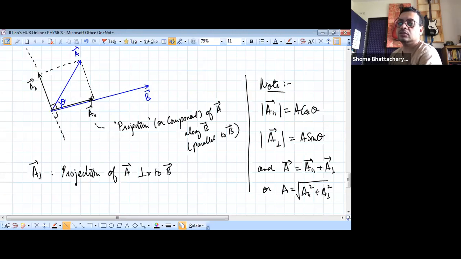We are seeing along the vector B and perpendicular to the vector B. So their vector sum will become equal to the vector A. When we convert this into scalar form, they are perpendicular vectors, so the magnitude is the square root of the sum of the squares: root of A parallel magnitude squared plus A perpendicular magnitude squared.